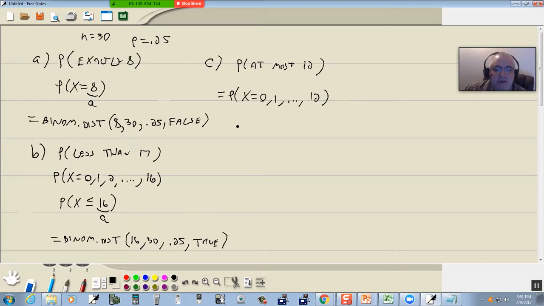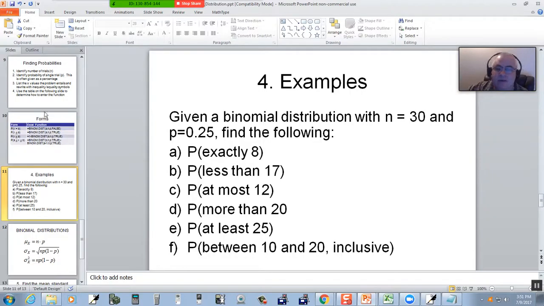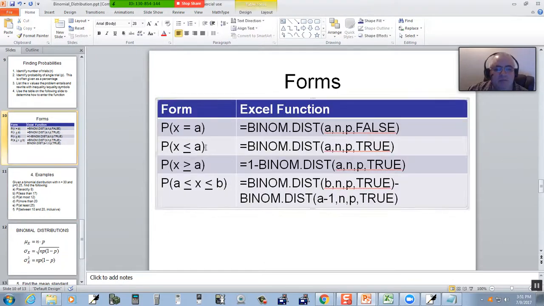Now, to rewrite this with inequality, this goes from 0 up to 12, so this is x is less than or equal to 12. So this is the same setup as the one we just looked at. The number here would be our a. And we go look in our table. Probability x is less than or equal to a says we're going to set it up this way.